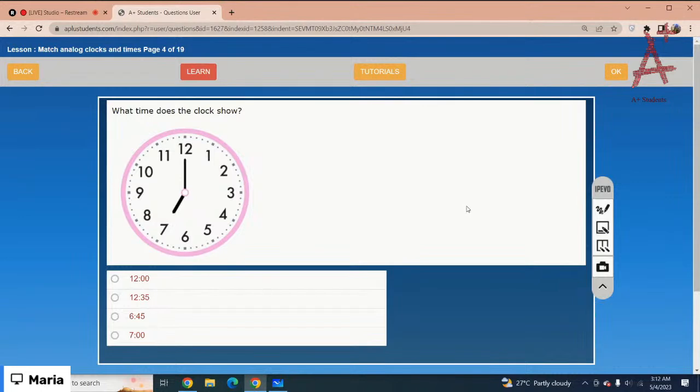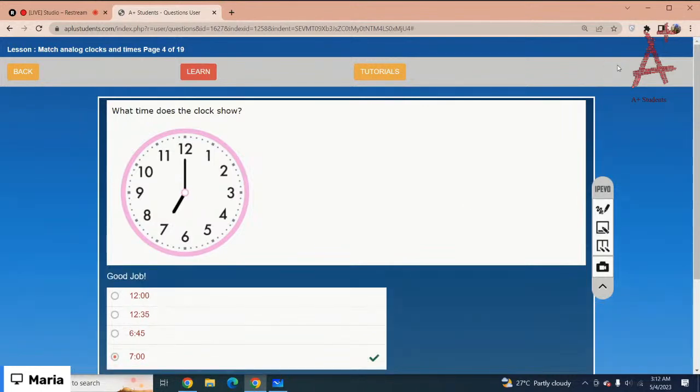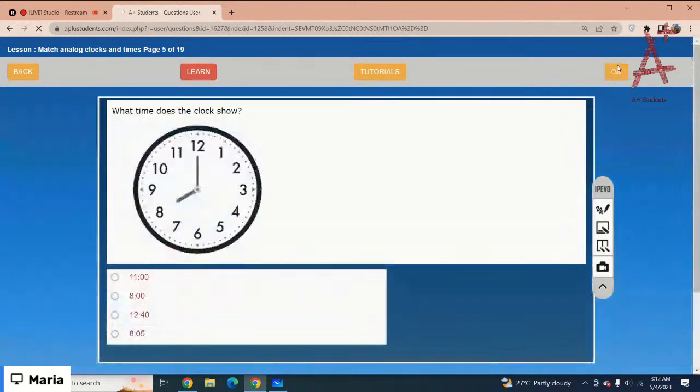So that means it would be 7. The correct option is 7. Okay, so what time does the clock show? What time is it? Yes, that means it points to 8. The shorter hand points to 8 and the larger hand points to 0. So the time on the clock is 8.